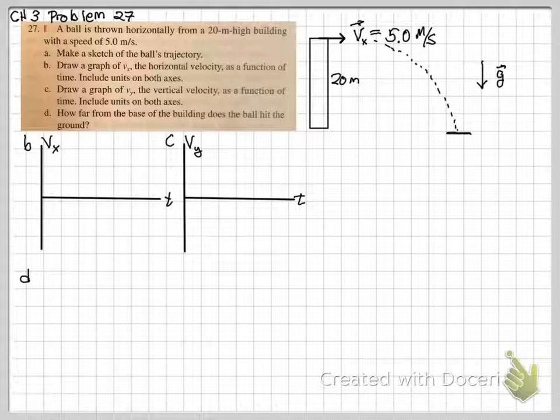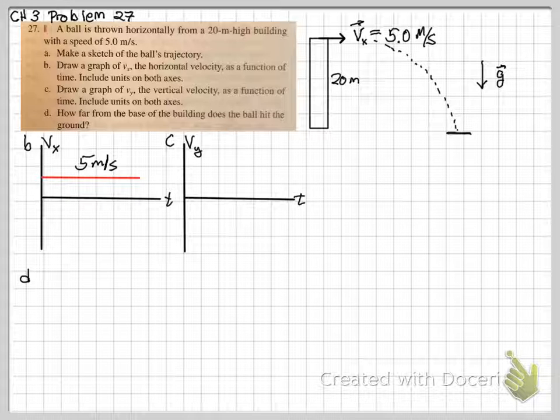Well, we're assuming in this case that there's no air resistance, so that is going to stay at a constant 5 meters per second right there. So that's our 5 meters per second. It's positive.